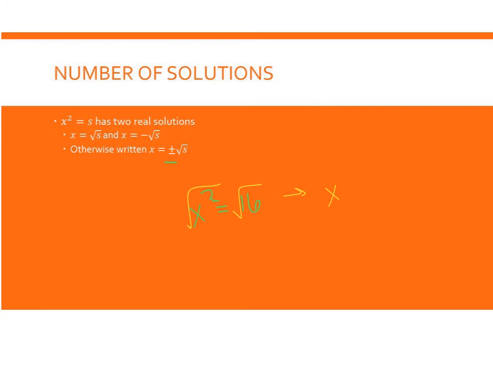This is going to be x equals plus or minus 4. And if you happen to have a number that doesn't have a nice square root, like we'll do 18, square root both sides, x equals, we have to split up 18 into the square root of 9 and the square root of 2, so it's going to be plus or minus 3 square root of 2. Make sure you're following along and you know where I'm getting these numbers from.